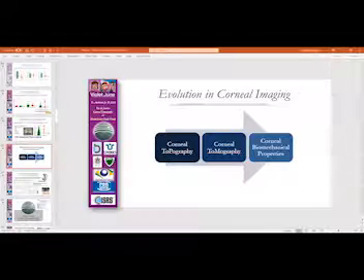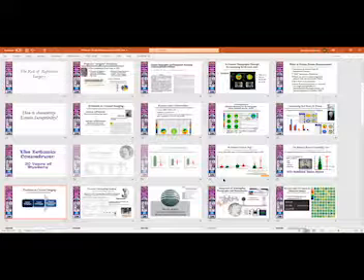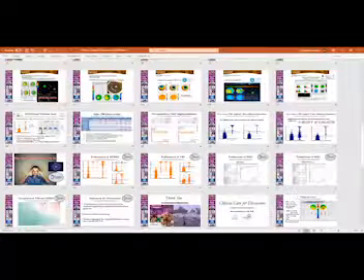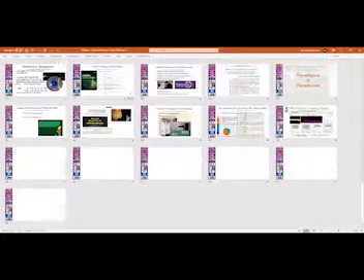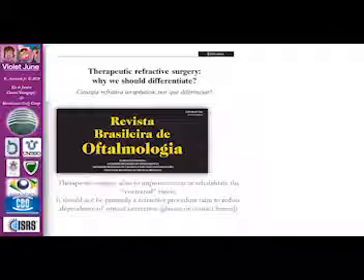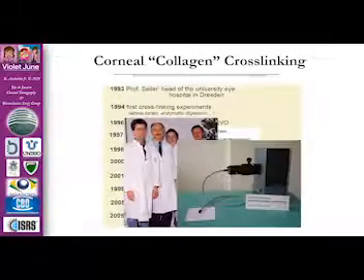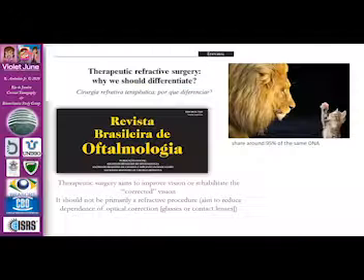Absolutely. I want to share one very important slide that I use all the time. I used that slide in the presentation the other day. The similarity between keratoconus surgery and refractive surgery is huge, but it is not the same.